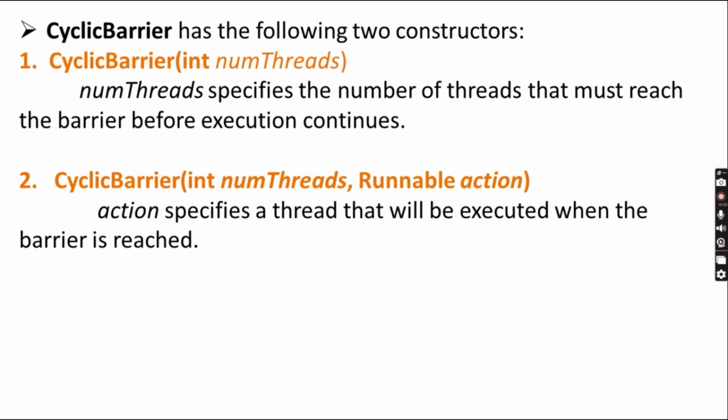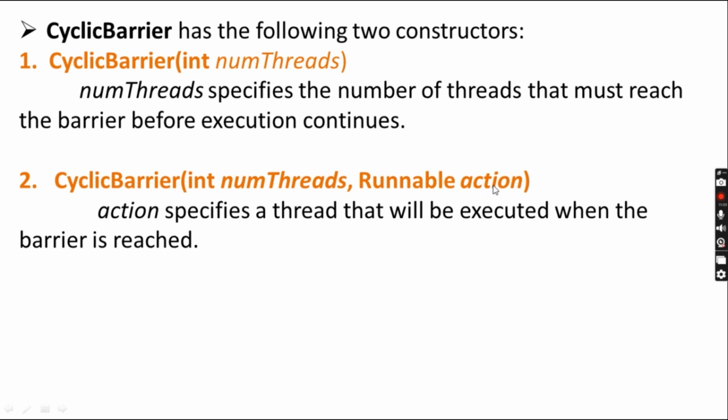The first specifies the number of threads that must reach the barrier before execution continues. And in the second, the number of threads and an action specify the thread that will be executed when the barrier is reached.